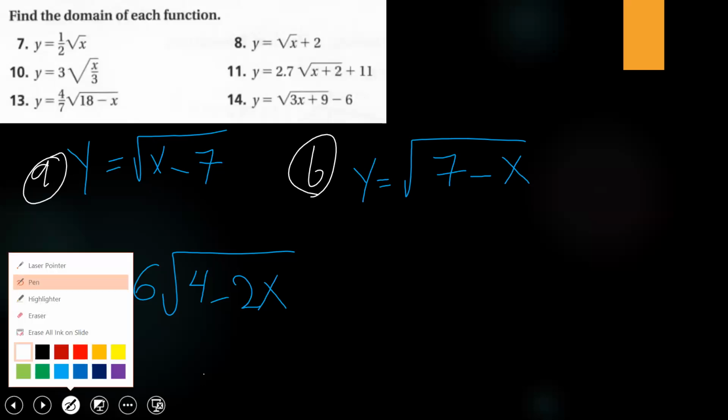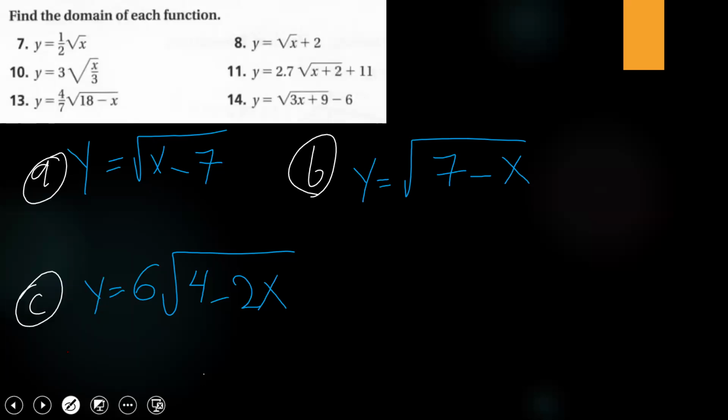We have x minus 7. So I look at the number under the square root, which is x minus 7. It must be greater than or equal to 0. So that means x is greater than or equal 7. This is for the first one. Look at the second one here. I look at 7 minus x greater than or equal 0.